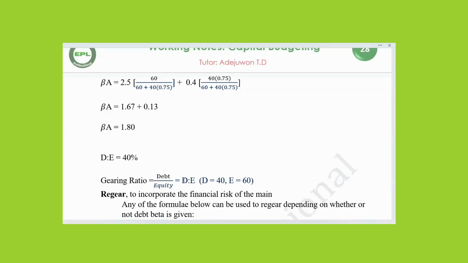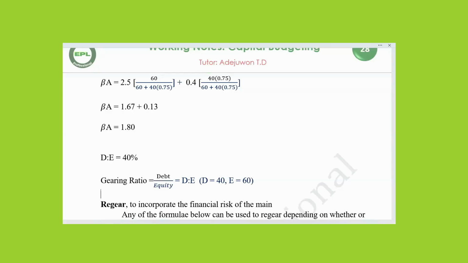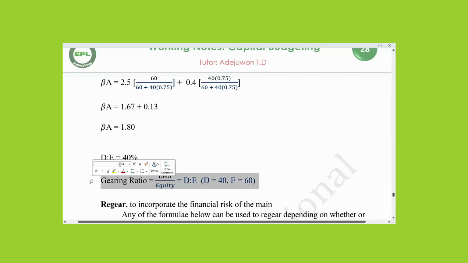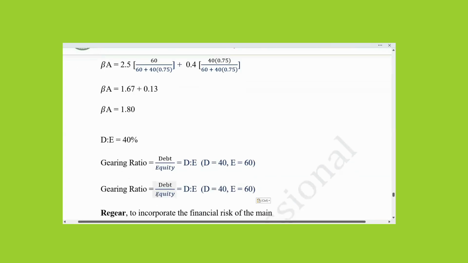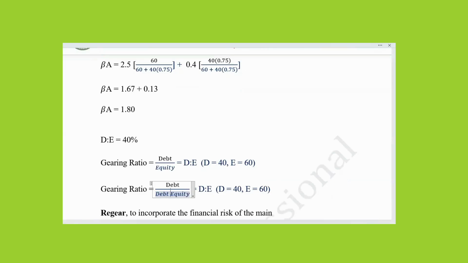This means I'm using a single value method, debt over equity. But if I want to use total value to calculate my gearing, I would say gearing ratio is equal to debt all over debt plus equity. So this means I'm using total.